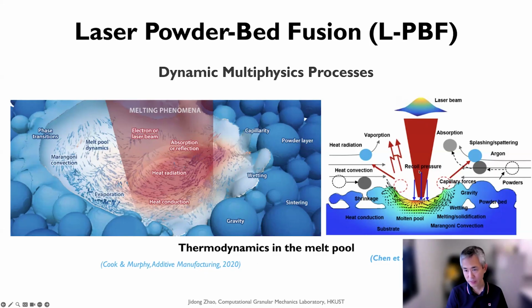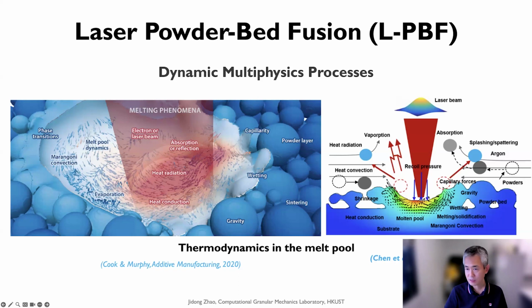As you can see, we have a laser beam, and when the laser beam illuminates the powder, the powder will be melted into the so-called molten pool, and this molten liquid itself can be further evaporated and become a metal vapor, and the speed of this metal vapor can be high, and then it can interact with the particles and the surrounding air if it is not in a vacuum condition.